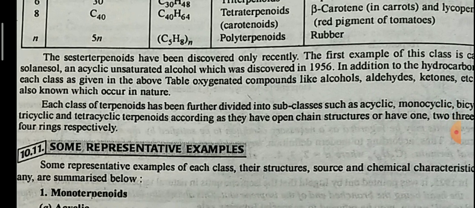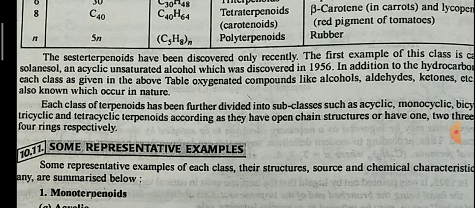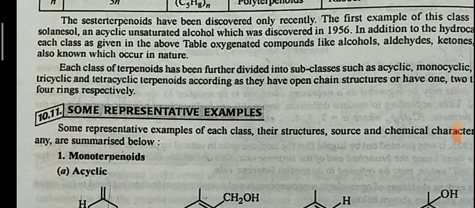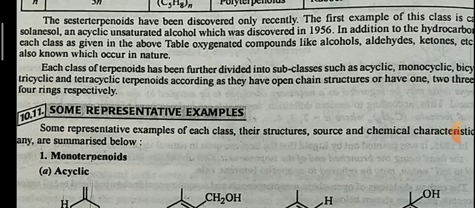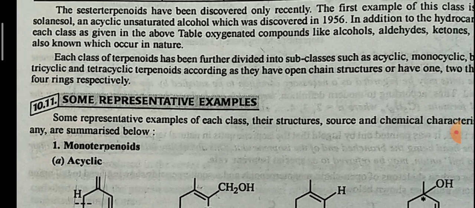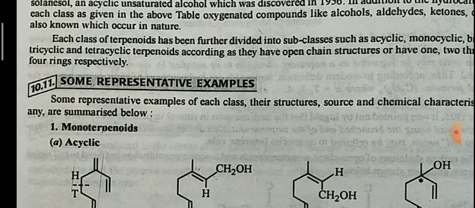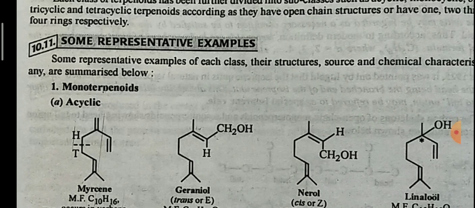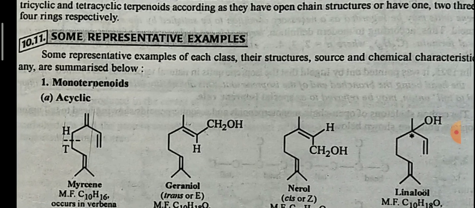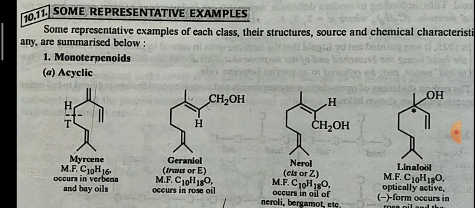Each class of terpenoids has been further divided into subclasses such as acyclic, monocyclic, bicyclic, tricyclic, and tetracyclic terpenoids, according as they have open chain structures or have 1, 2, 3 and 4 rings respectively. Some representative examples of each class, their structures, source and chemical characteristics, if any, are summarized below.